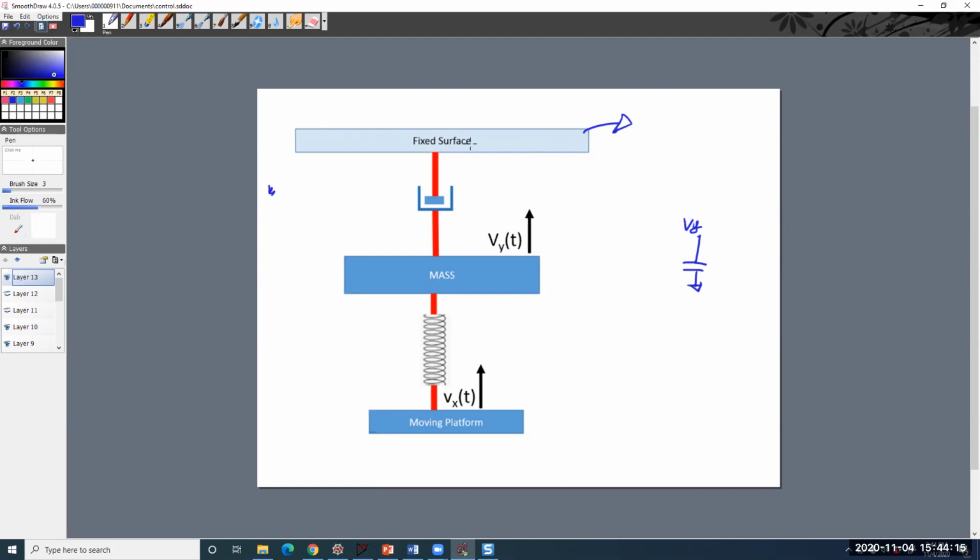So I draw that, I have a fixed surface, and I have a damper, which is a resistor, and then one end is tied to the mass.